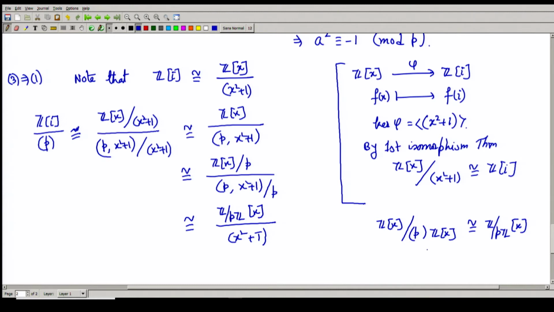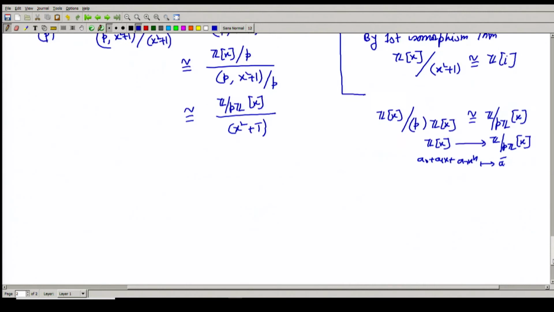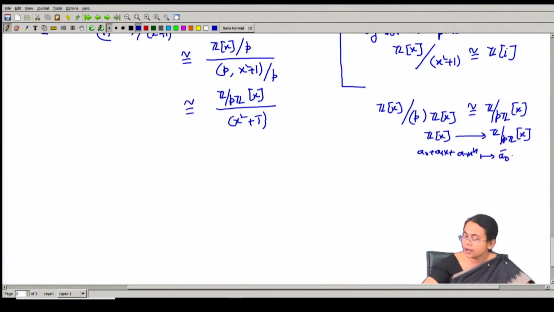You can consider the map from Z[x] to (Z quotient pZ)[x] by, say, consider any polynomial a0 plus a1 x and so on plus an x to the power n, and you send it to a0 bar plus a1 bar x plus an bar x to the power n.